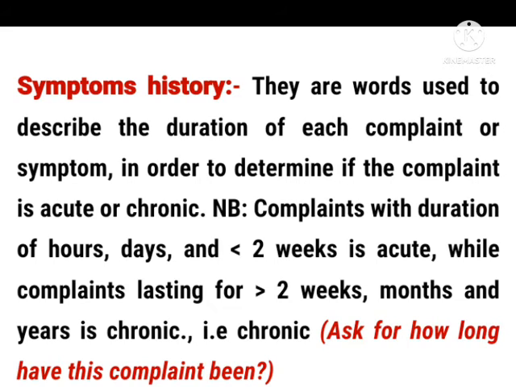Okay, you ask how long has this condition been? That's the next thing. You are trying to determine the duration so that you can judge whether it's acute if it's less than a week or 2 weeks, then it is chronic if it has lasted more than that. Okay, so how long has this complaint been?